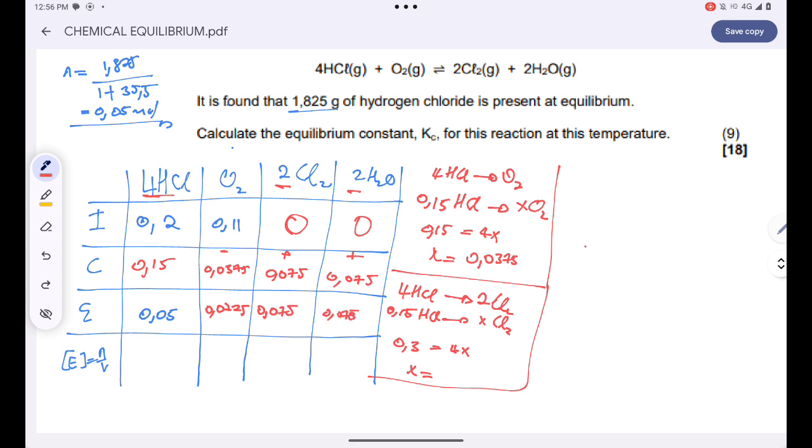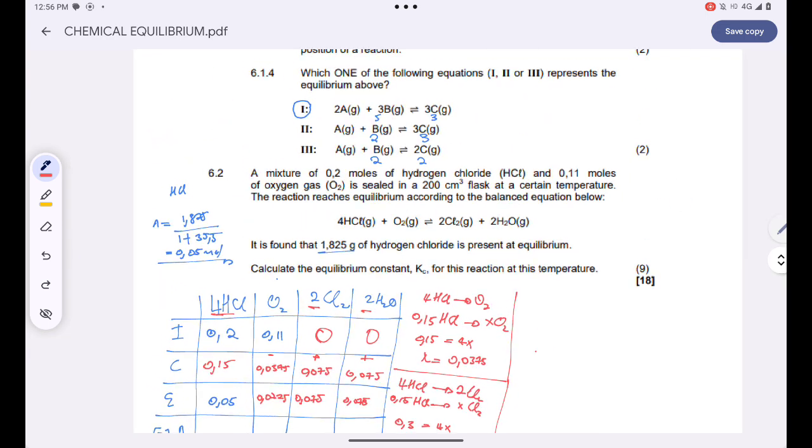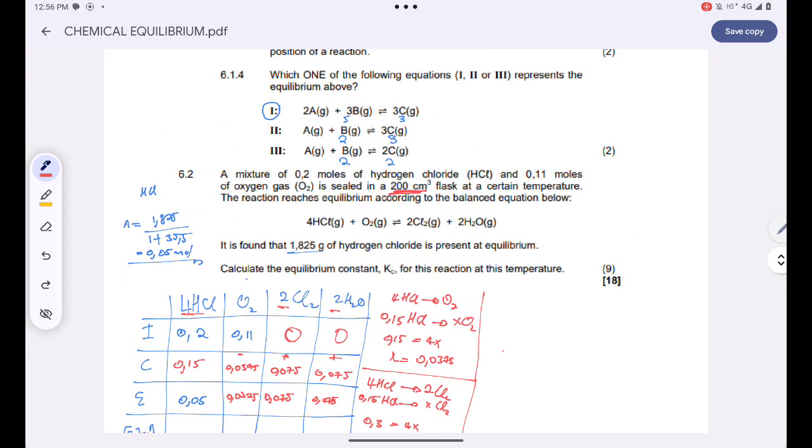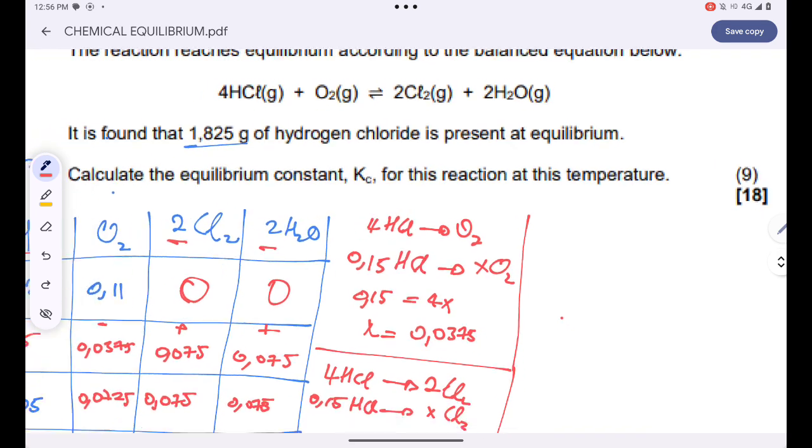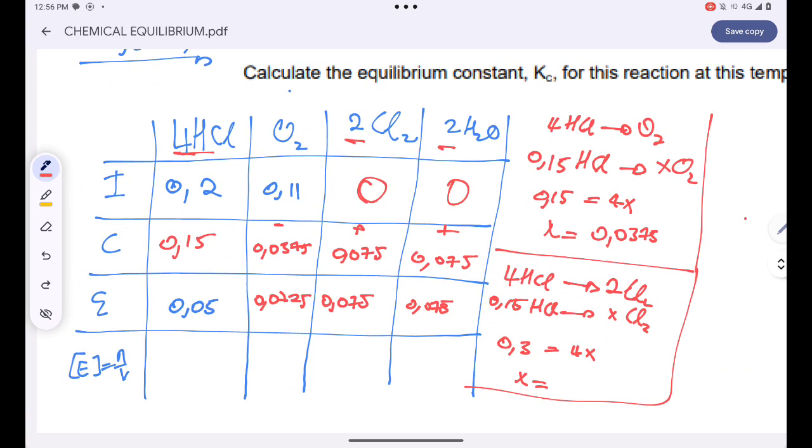0.075 over there. And then for my volume, the volume is 0.2 cubic decimeters. I just need to divide the number of moles by 0.2.